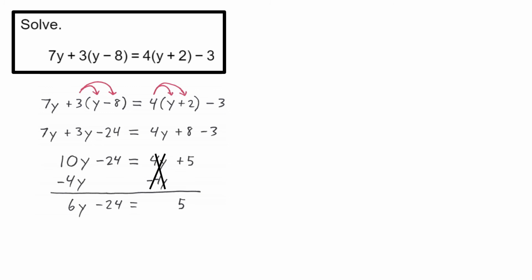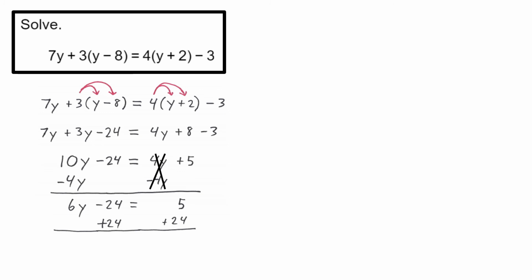Now we want to get rid of the constant that's on the left. Notice that 6y is all by itself on the left side, so we want to take our constants to the right. So that means we have to get rid of the negative 24. To do that, we add 24, and we need to do that to both sides.